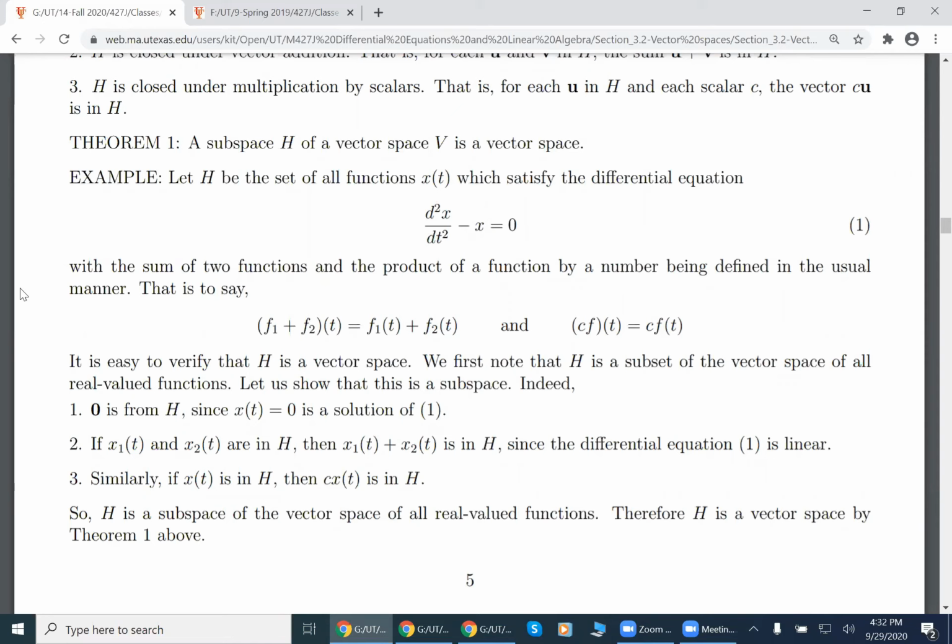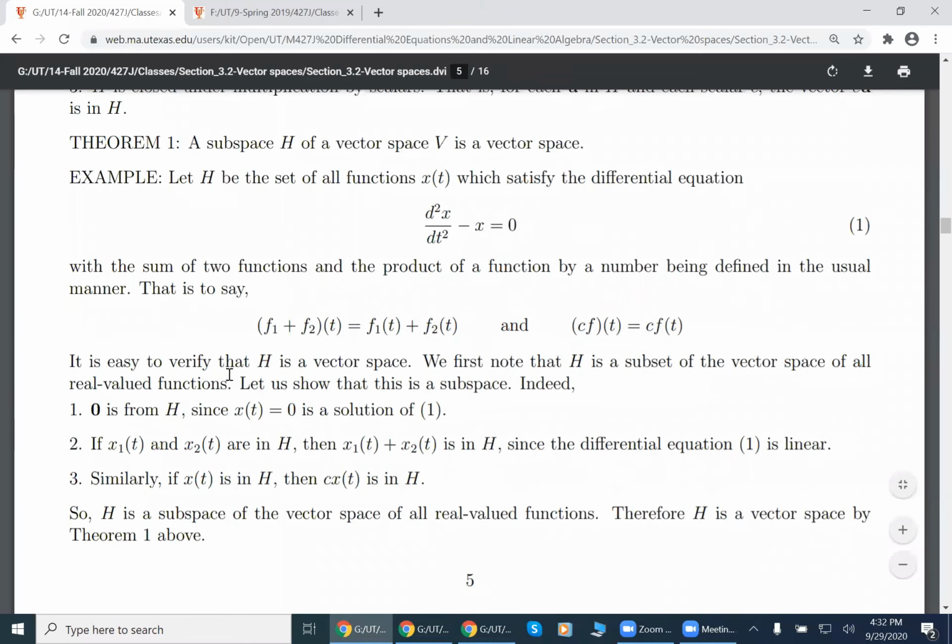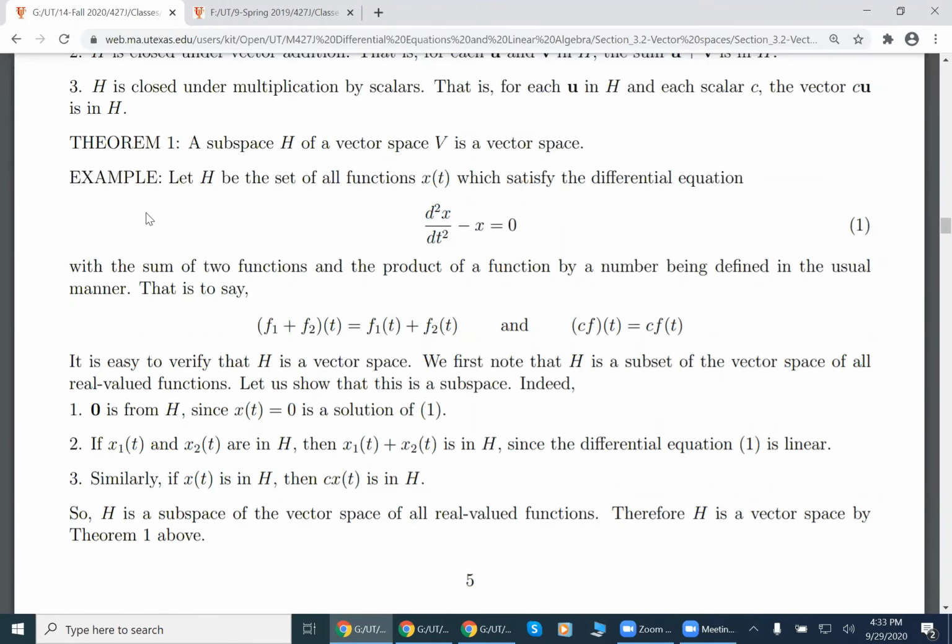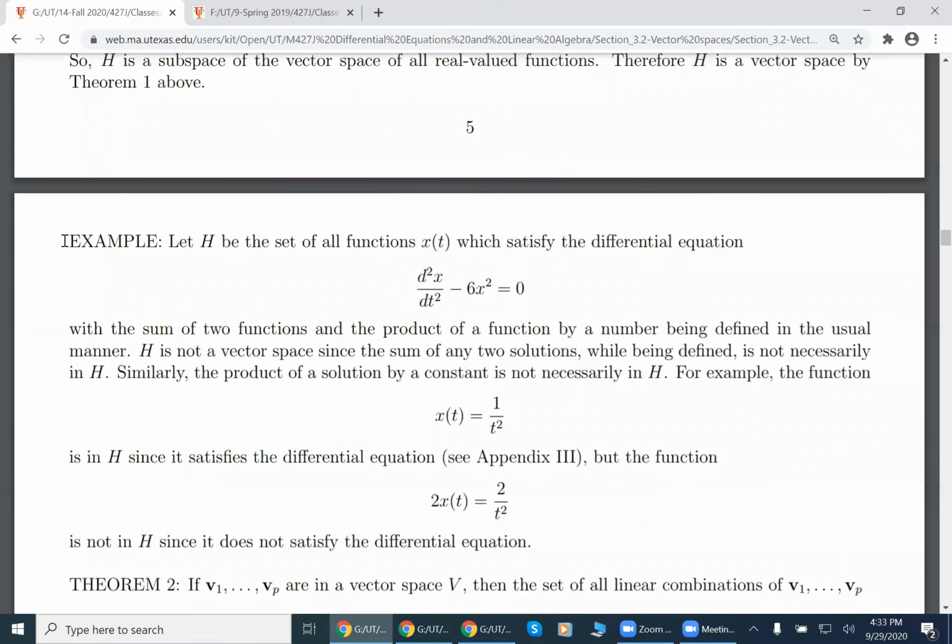Now, here is an important remark. The set of all solutions of this equation is a vector space because on the right hand side we have 0 and on the left hand side we have a linear operator. Now compare this example with this one.